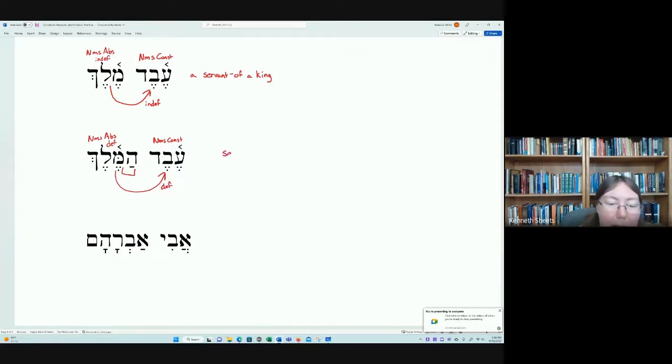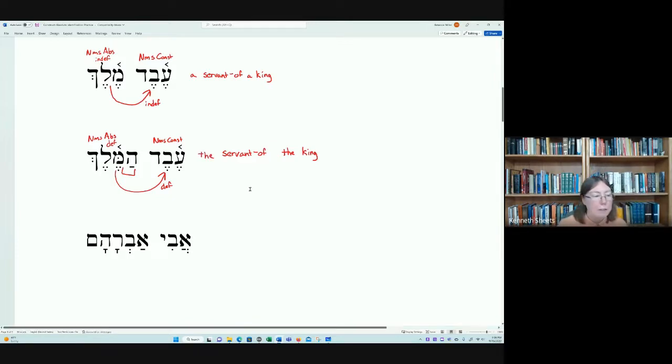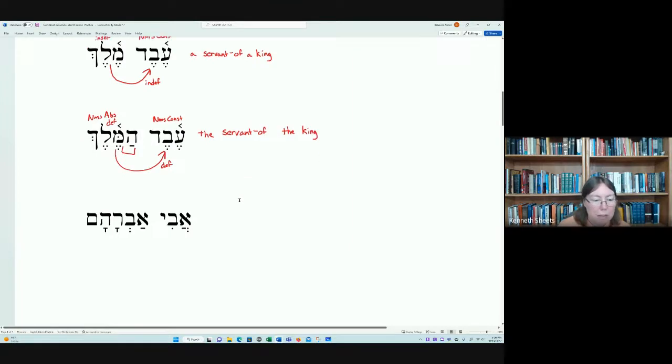So again, eved in the construct we would translate as servant of. Ha'melek, I'm going to translate as the king. And because ha'melek is definite, this then makes servant definite. So the servant of the king.